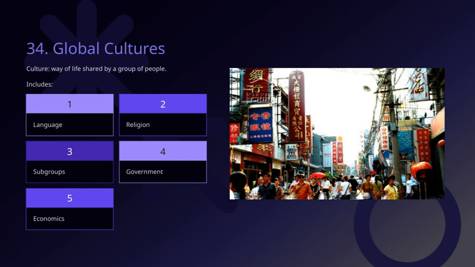Religion provides spiritual guidance and shared beliefs, and language is the primary way people communicate and pass down their traditions. When we talk about culture, we're really referring to this whole way of life that a community shares. Understanding these subgroups helps us see the diversity and complexity of global cultures, which is what this entire presentation is about.